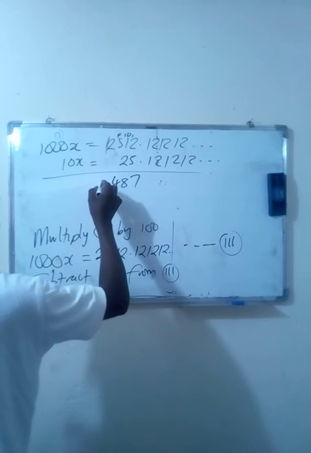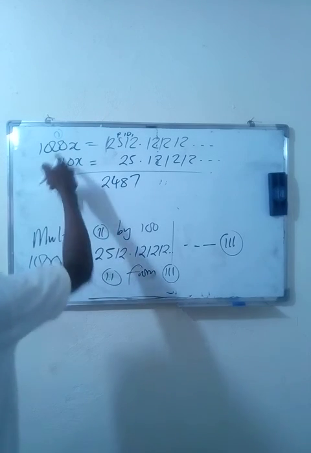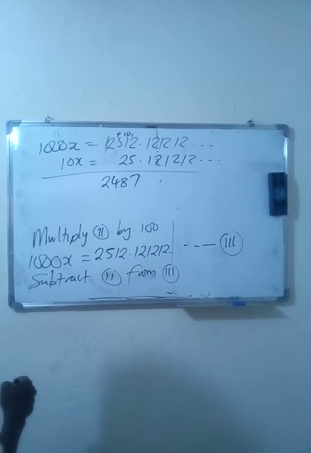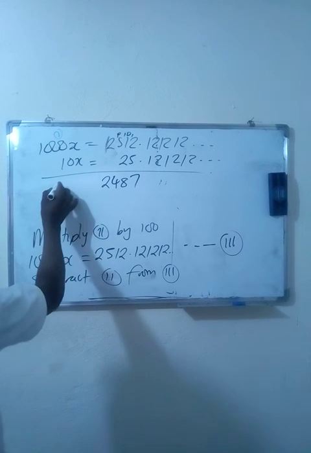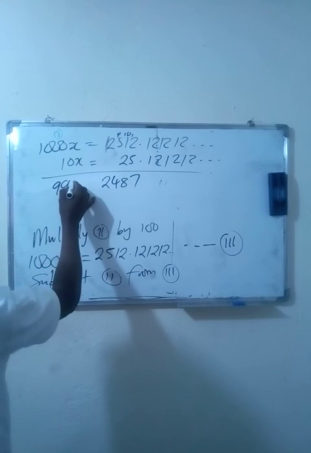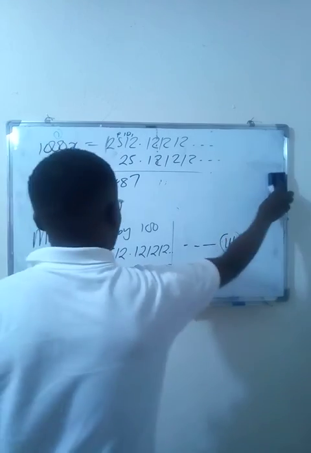Then here we have a 2. Remember, like I said, we don't use calculators in this mathematics. Then 1000 minus 10 gives us 990, that is 990x equal to that.